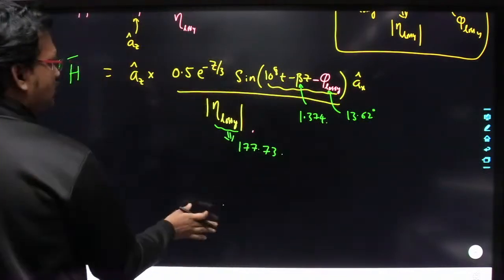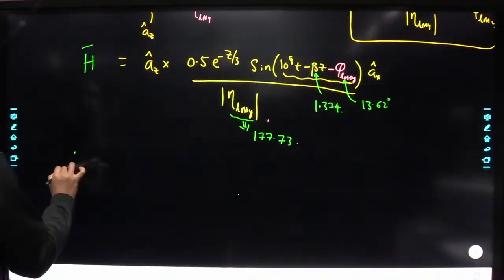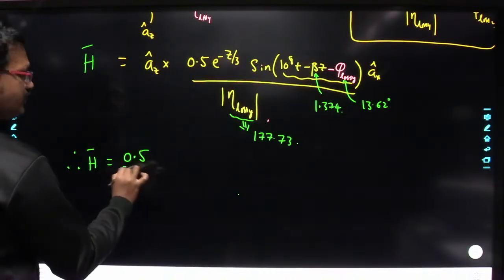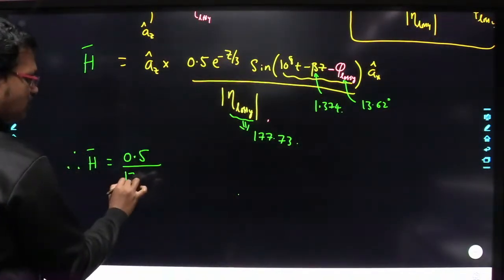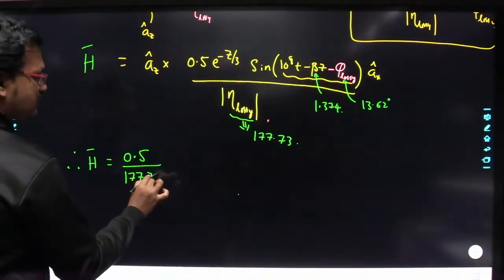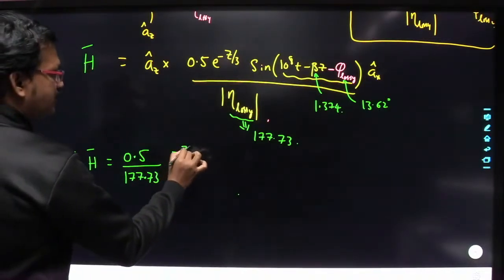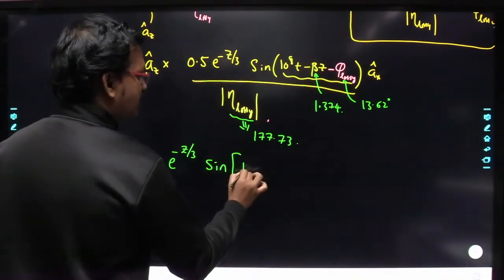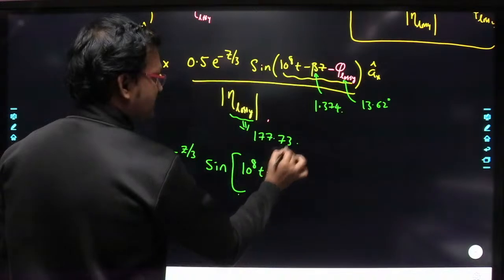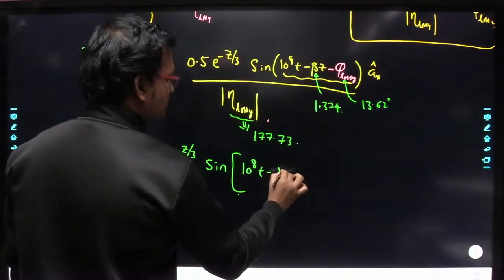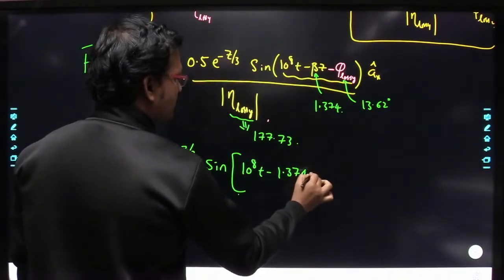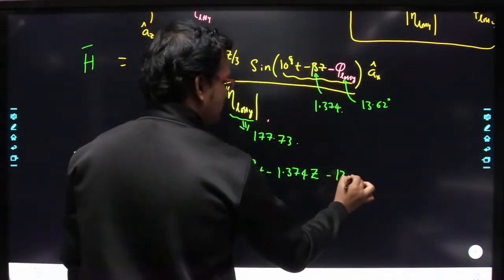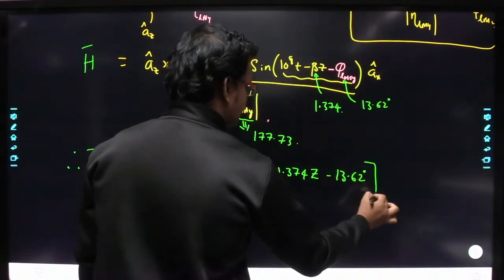So H bar is equal to 0.5 divided by 177.73 into e power minus z by 3 into sine of 10 power 8t minus 1.374 z minus 13.62 degrees. Understood?